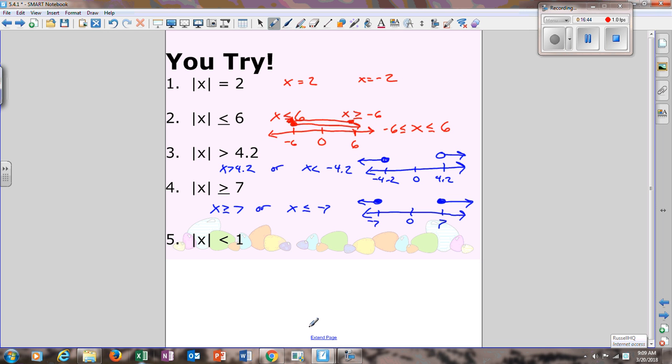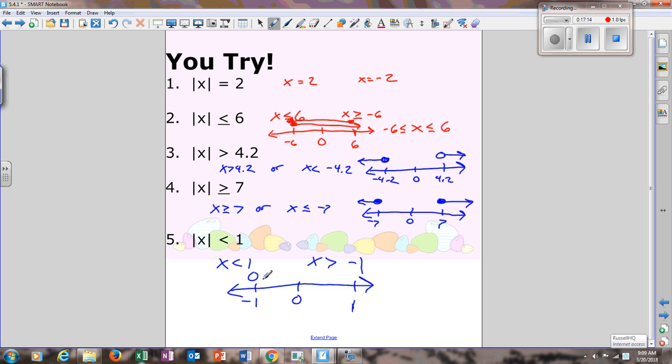Absolute value of x is less than 1. And you have x, flip your inequality, negative 1. When we graph it, 0, negative 1, 1. It's greater than negative 1, so it's going in this direction.